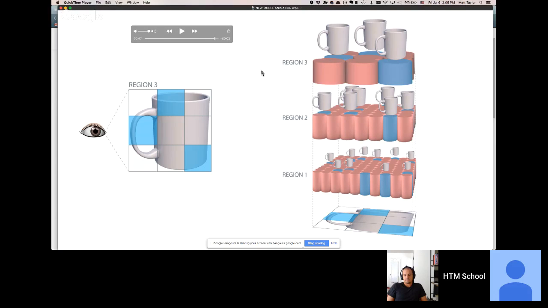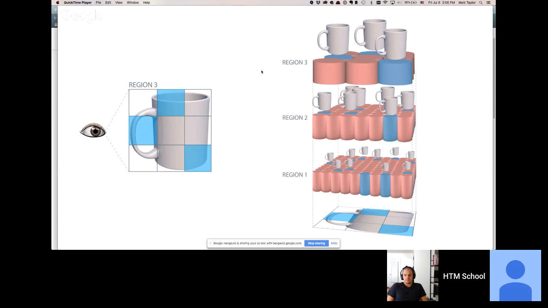This compares to the classic hierarchy example, where you don't really get to the idea of cup until you get to the top. You're like, oh, edges and shapes, and you have to get a certain way up the hierarchy before you get to cup.